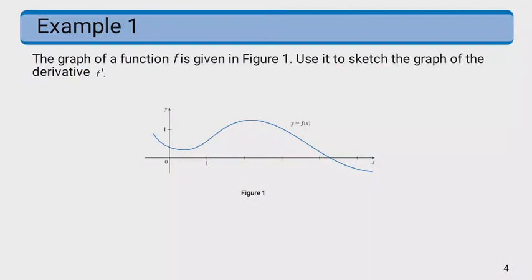Now we are done with the straight line. We move a step further and look at a curve. Suppose the graph of f is given right here. Now use it to sketch the derivative f prime.